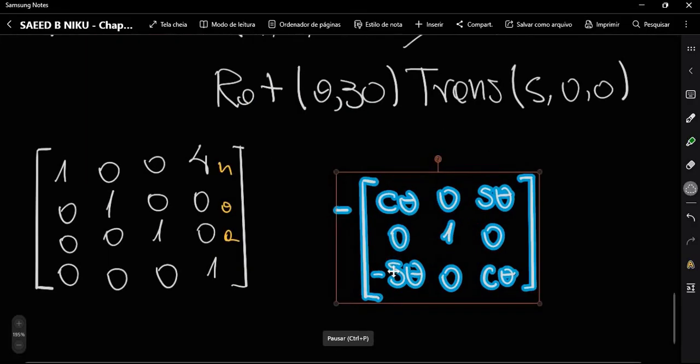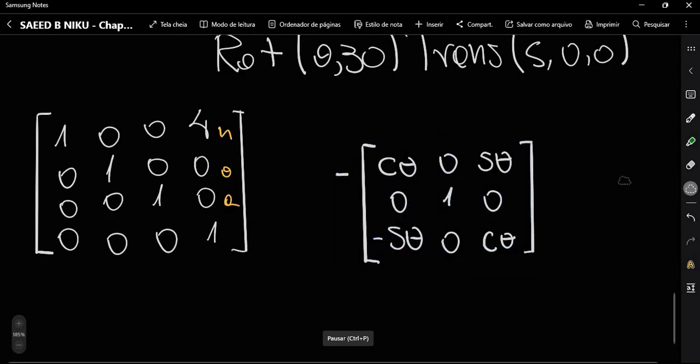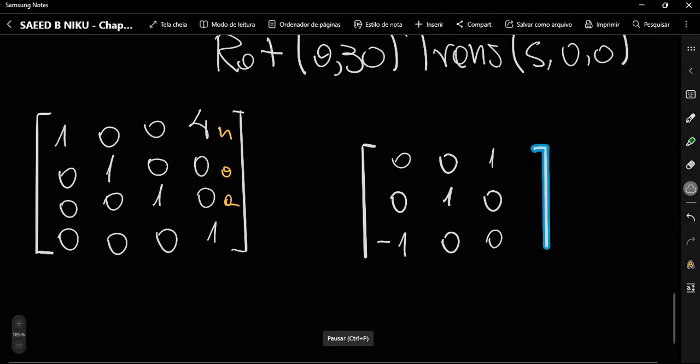So if we substitute these terms of the matrix, the cosine of 90 is 0, and the sine of 90 is 1, so it's minus 1, 1, 0, and we have to add the scale factor to keep this matrix in the square form.